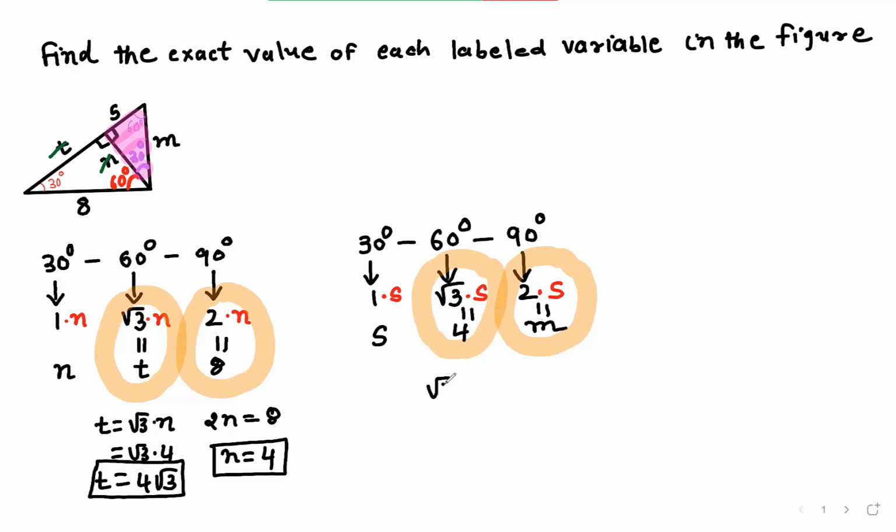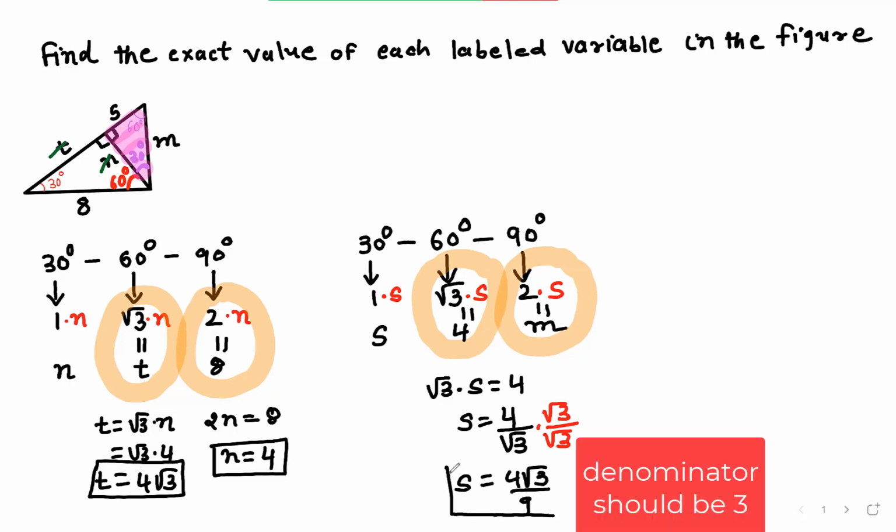So we will say square root of 3 times s equals 4. s equals 4 over square root of 3. Make sure we rationalize the denominator. So we multiply top and bottom by radical 3 and simplify. So we get 4 radical 3 over 9, and that will be the length of the side labeled as s.